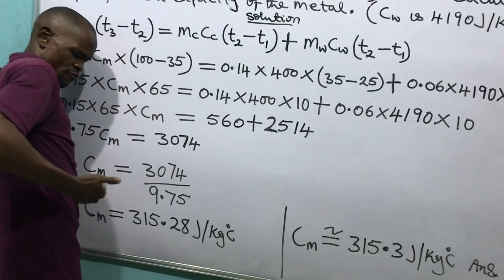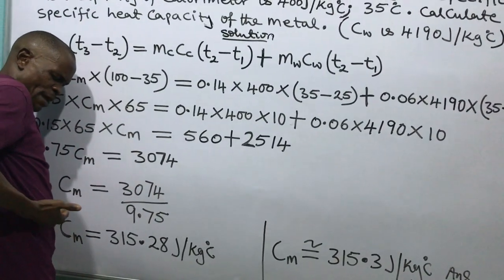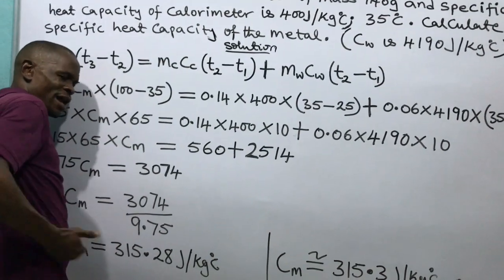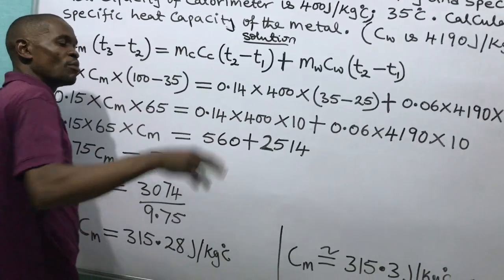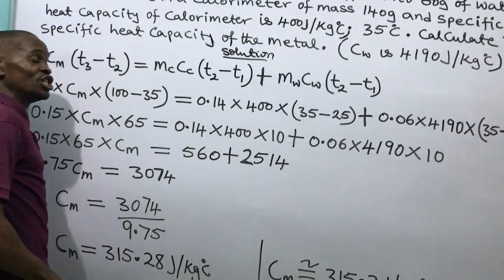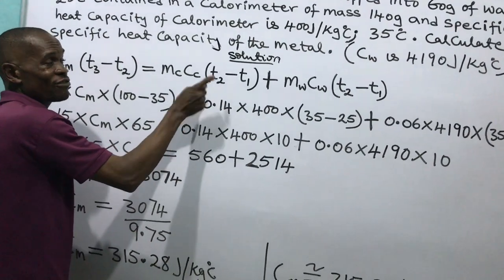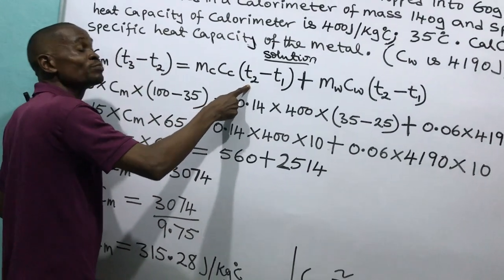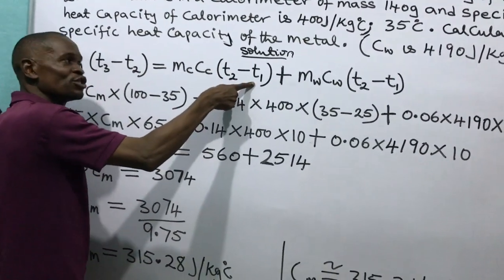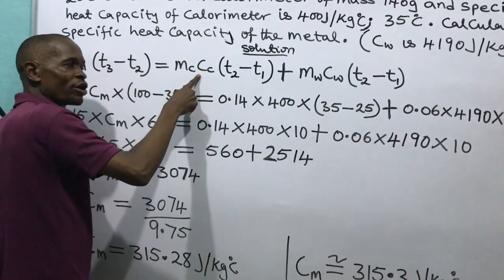Heating process means that your initial temperature was low and you heat to a certain temperature. So the change in temperature becomes your final temperature minus your initial temperature. And that's what we see here: final temperature, which is the steady temperature of the mixture, minus the initial temperature of the calorimeter.